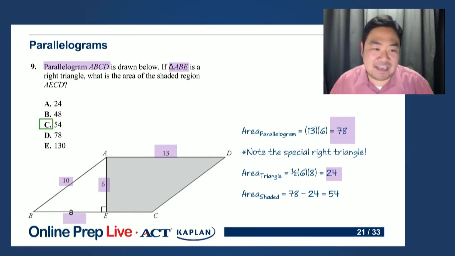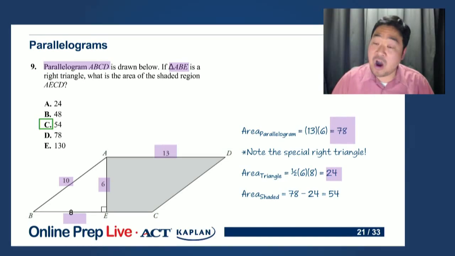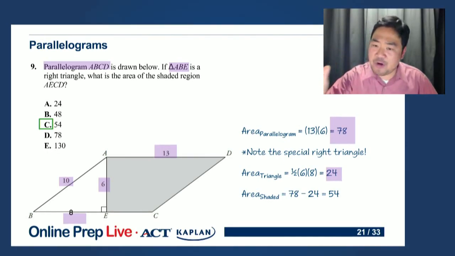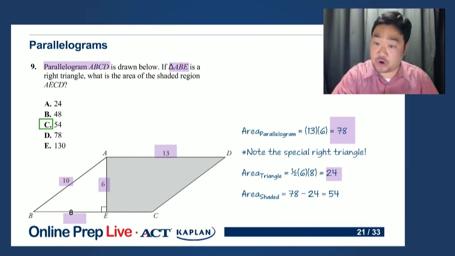Choice C, as 75% of you have put down, is your correct answer. Great work on a relatively higher difficulty geometry question. Remember the formulas for area of a parallelogram and area of a right triangle, and when you see these sorts of questions, where we're talking about a shaded region or things that are missing, find the area of the entire thing first.